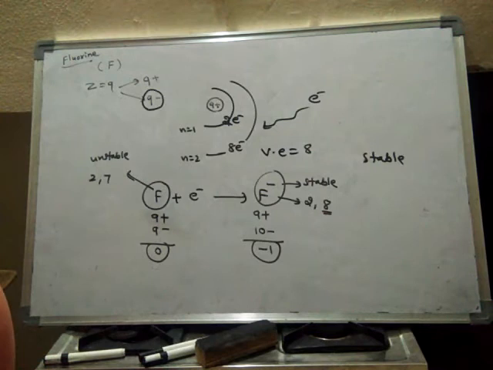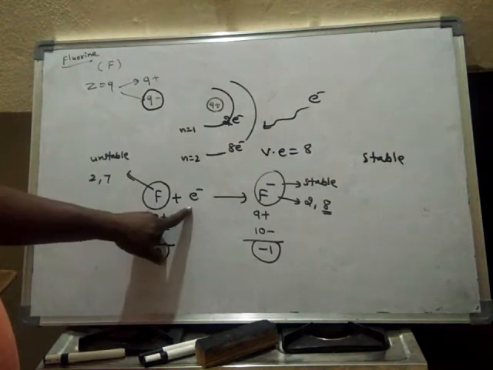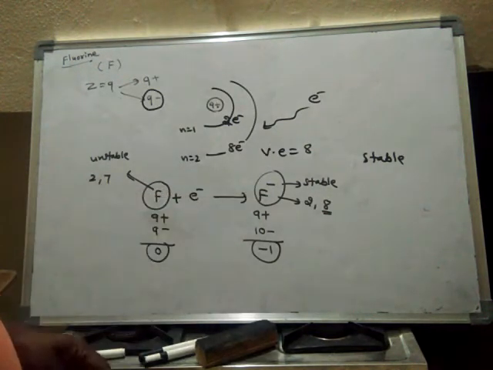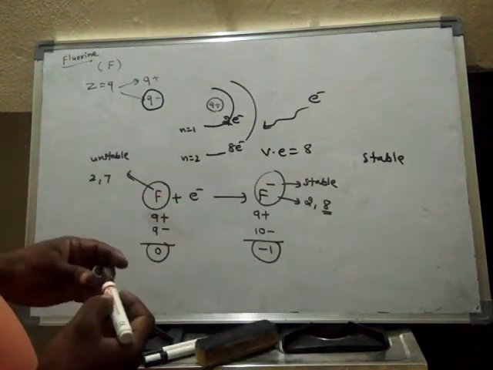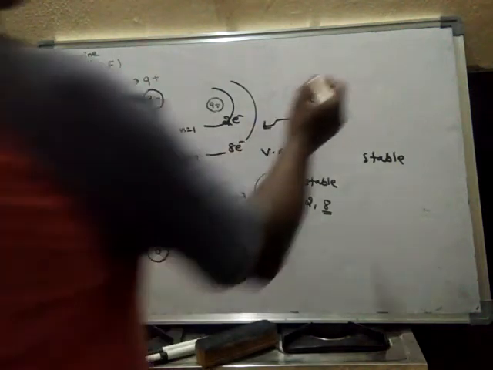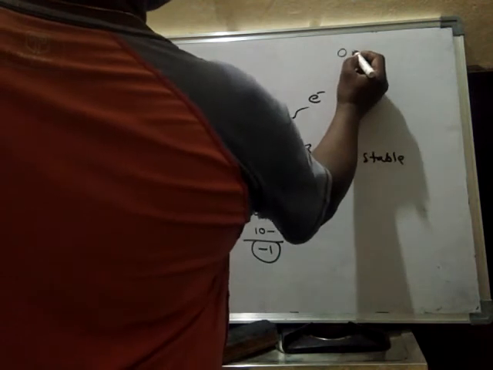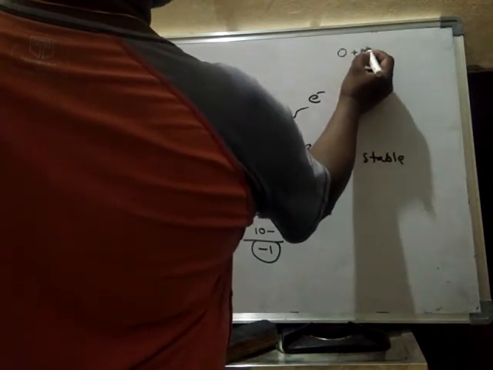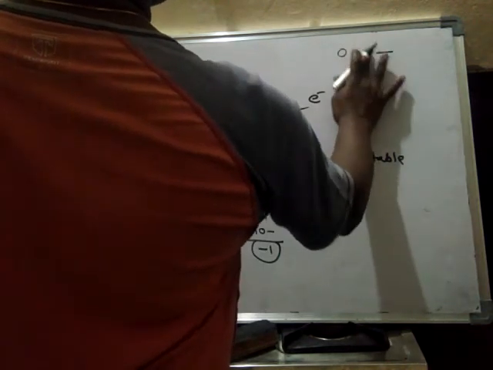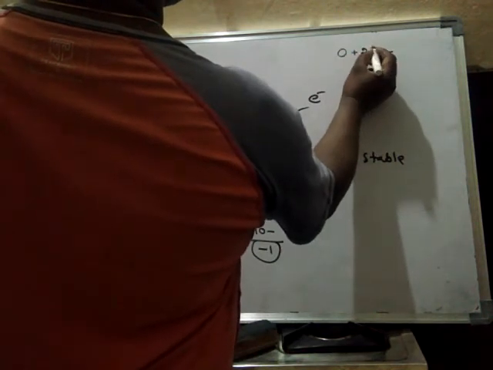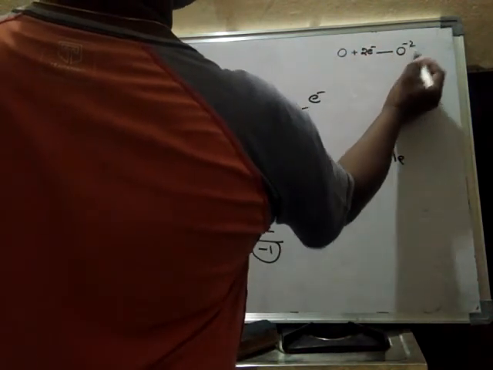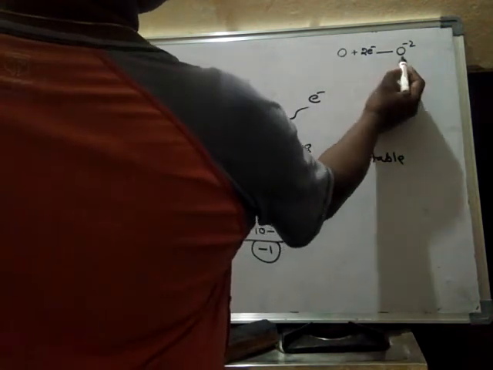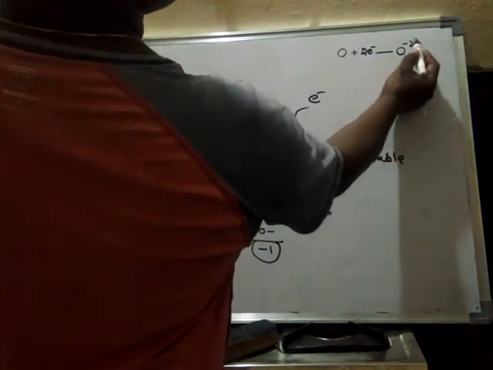So in this way, some atoms will try to get electrons to become stable. Oxygen will try to get 2 electrons to become O minus 2. The atom is unstable, and this is the stable one.